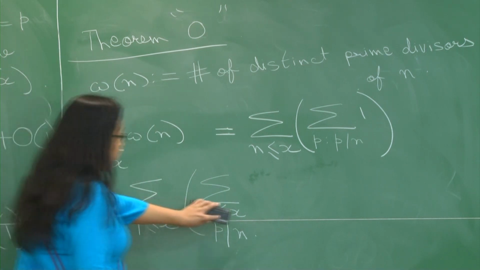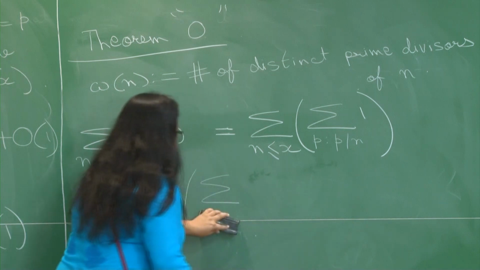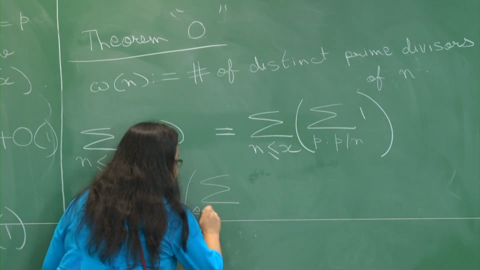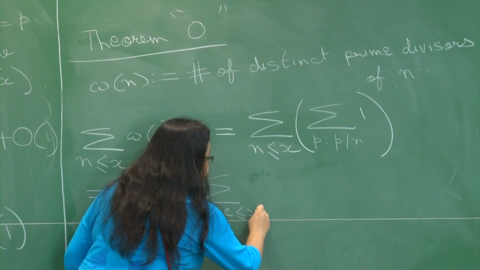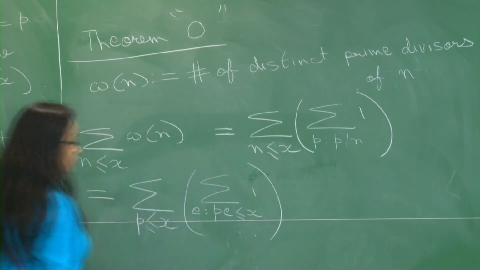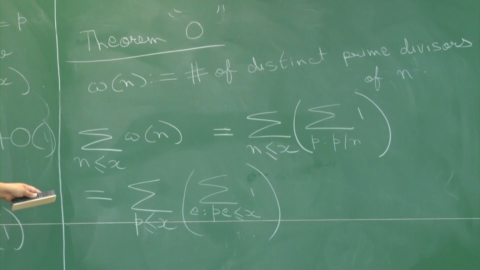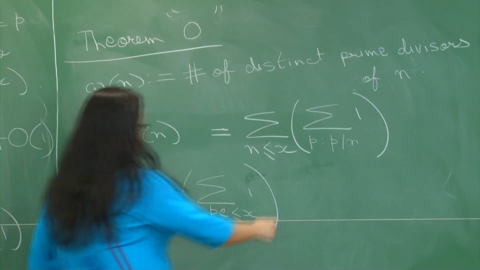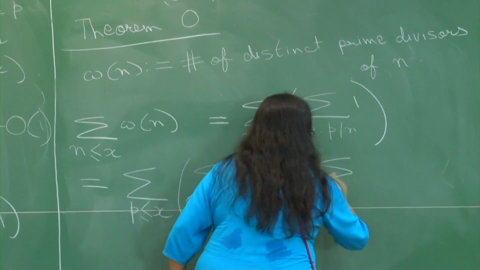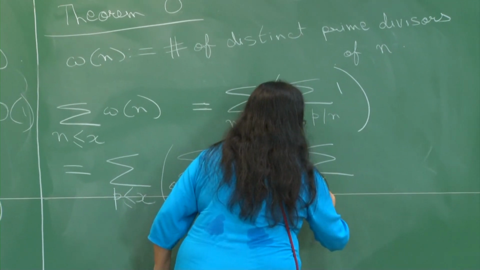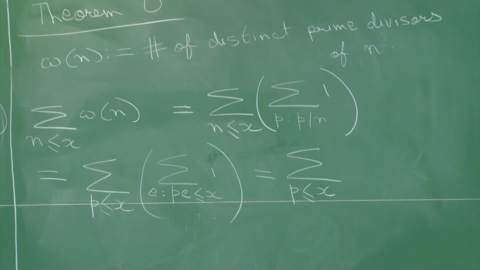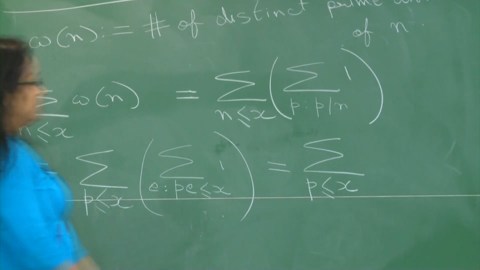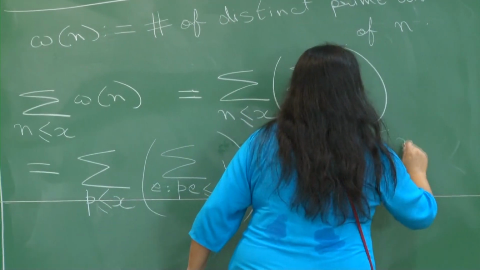So, in other words, it runs over all the multiples, it runs over all the e's, so that the multiple p times e is less than or equal to x. And again, this inner sum is something that you now know how to write. So, you have summation p less than or equal to x. What do you have here? x by p.